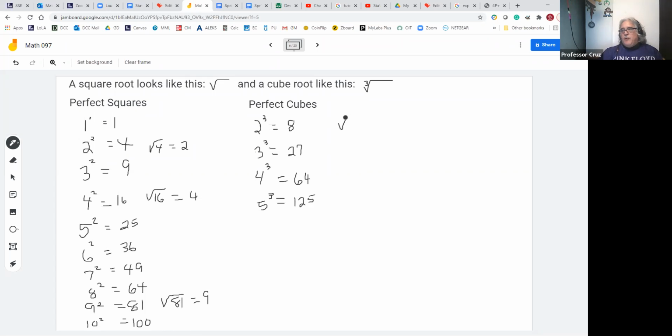Same thing here. Cube root of 8 is equal to 2. And then the cube root of 125 is of course 5.